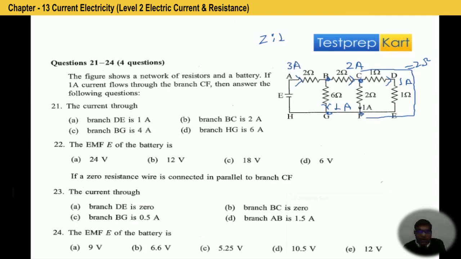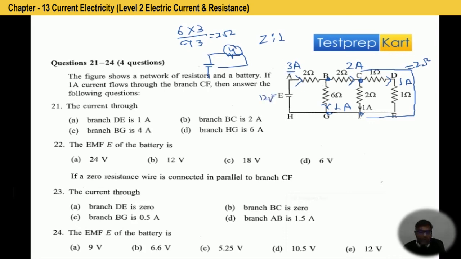And total resistance of this network: 6 and 3 are in parallel, that is 6 into 3 divided by 6 plus 3, so 2 ohm. Finally, we can reduce this circuit as a cell with 4 ohm resistance. So total resistance is 4 ohm, total current is 3 ampere. It means the EMF of this cell is 12 volt.